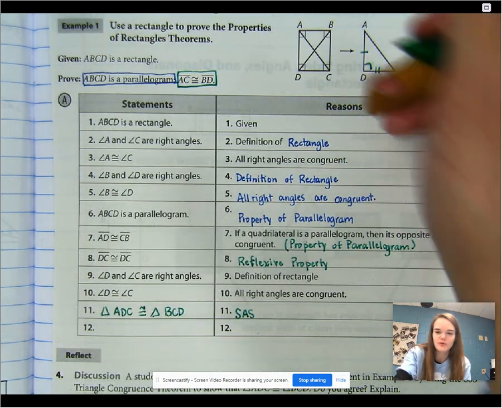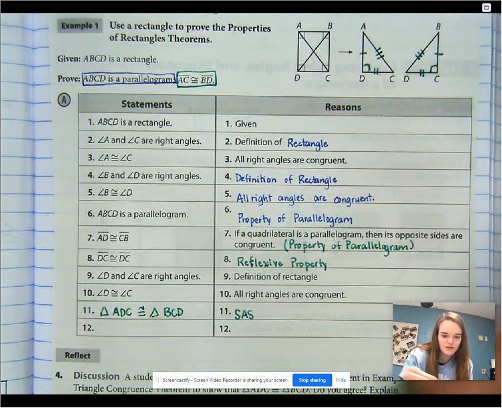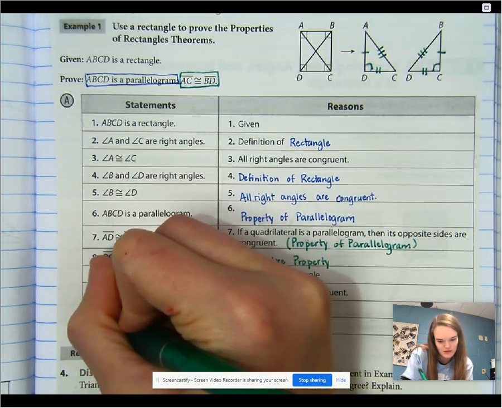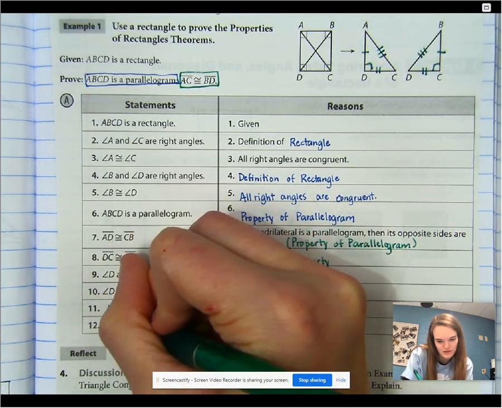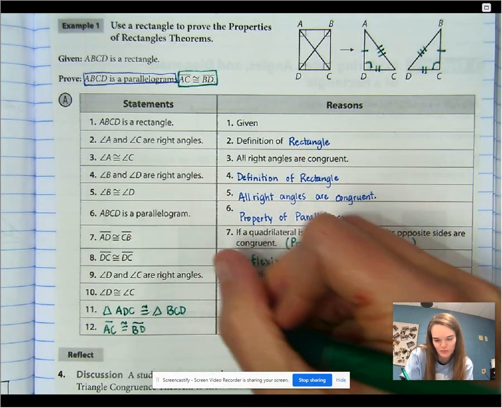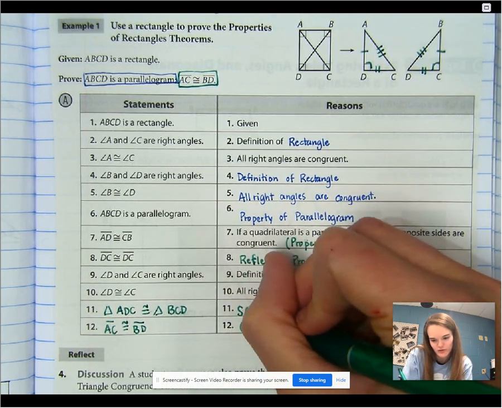That helps us because now we know that AC is congruent to BD because they are corresponding parts of congruent triangles or figures.